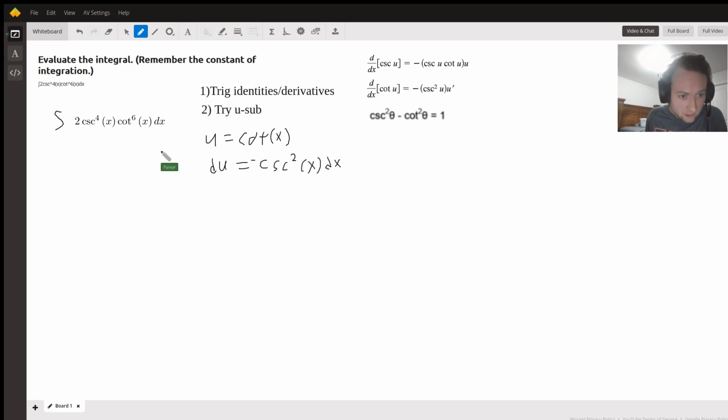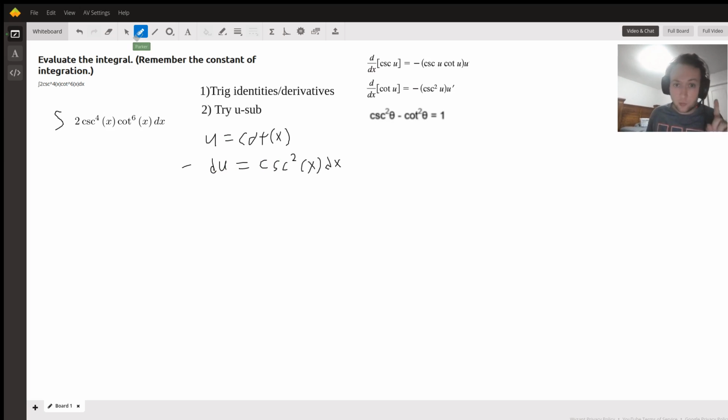And we see cosecant to the fourth, sure, but that's cosecant squared in a sense times the dx. So we're going to multiply both of these sides by -1, and that's going to make negative du equal to cosecant squared x dx.